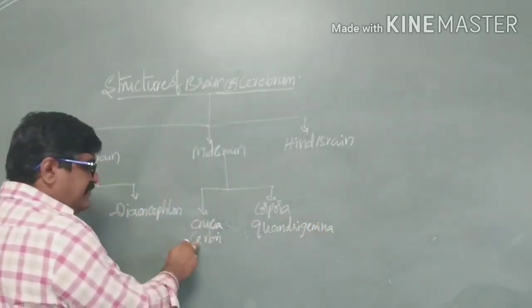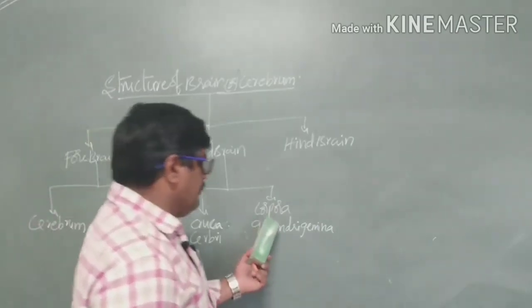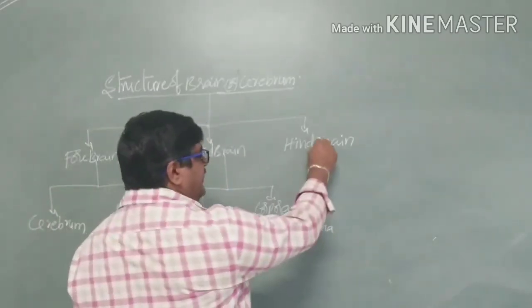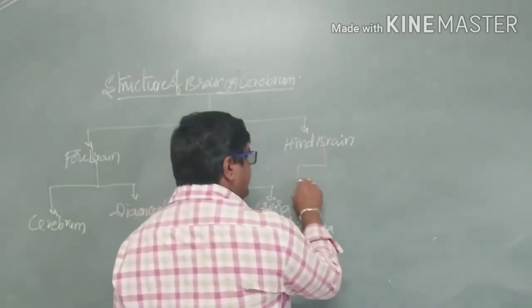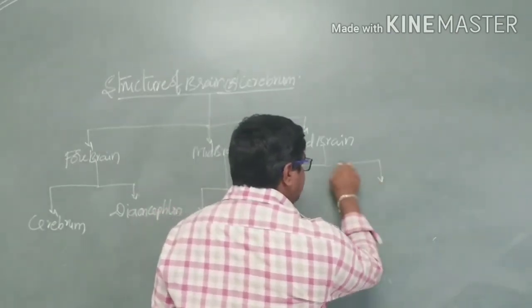So the crura cerebri as well as the corpora quadrigemina, and the hindbrain is differentiated into three regions.